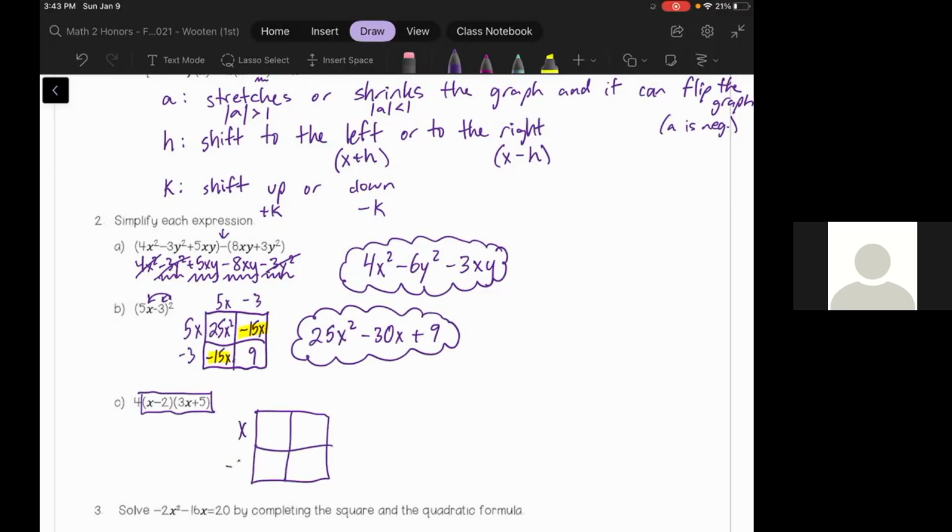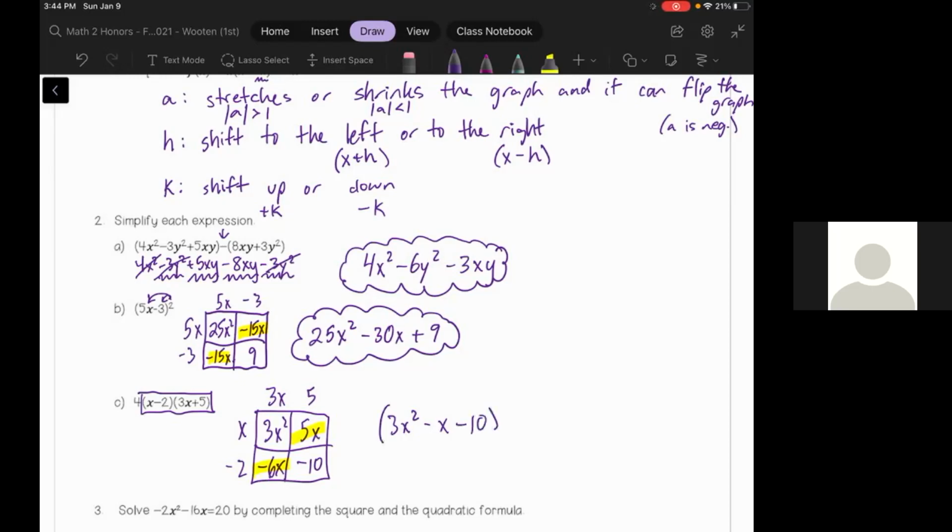So let's do x minus 2 times 3x plus 5. That gives us 3x squared, 5x, negative 6x, and negative 10. Writing that all out, we get 3x squared minus an x, because positive 5 and negative 6, those combine to give us just negative 1x, and then minus 10.